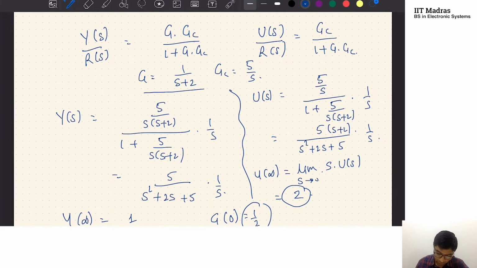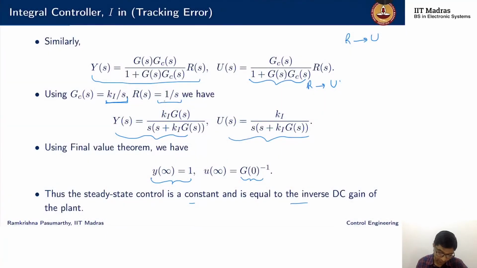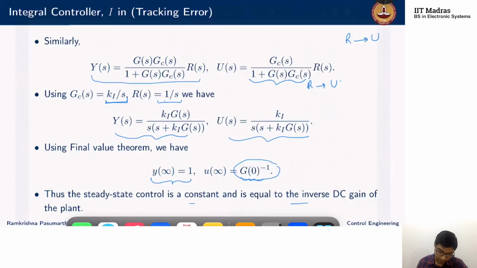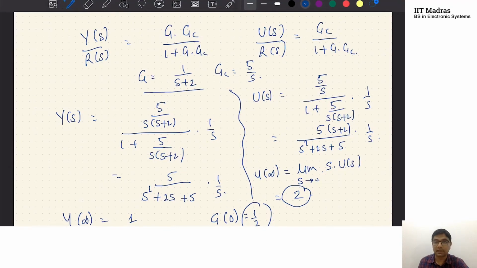So what did we claim here? u at infinity is the inverse of G(0). So for the system to have zero steady state error, we need a certain input at steady state to hold the system at the value of 1.